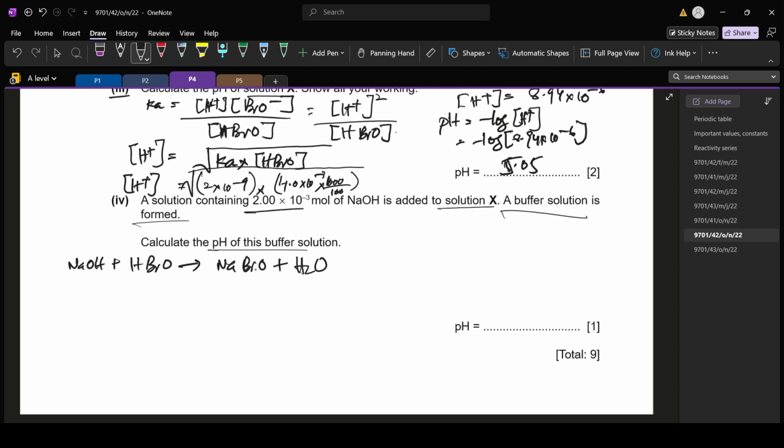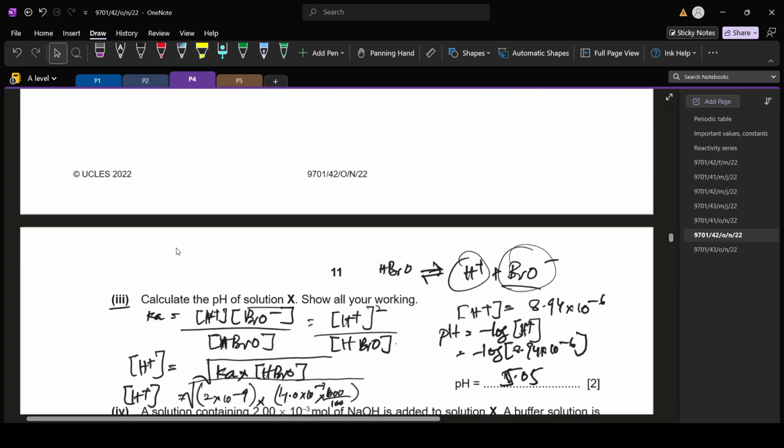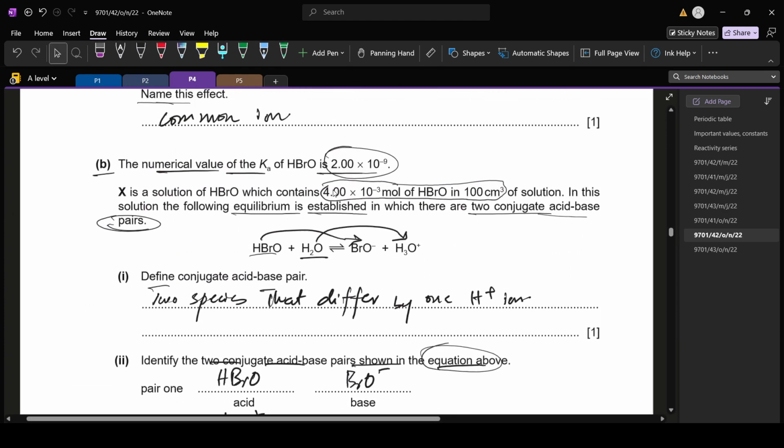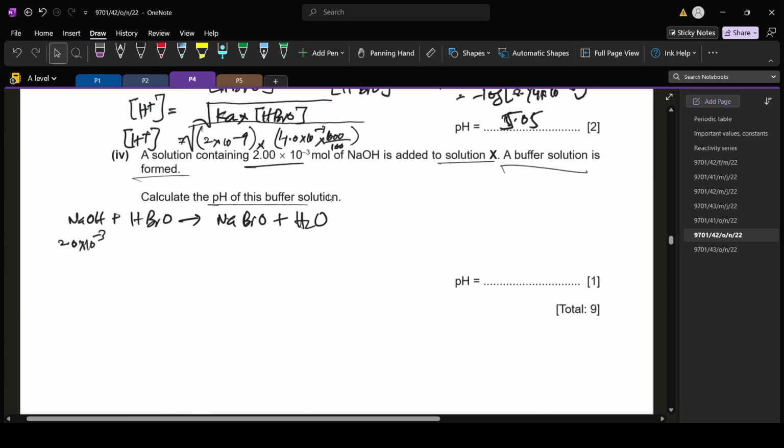And there are 2 into 10 to the power minus 3 moles of NaOH. And what are the moles of HBrO?